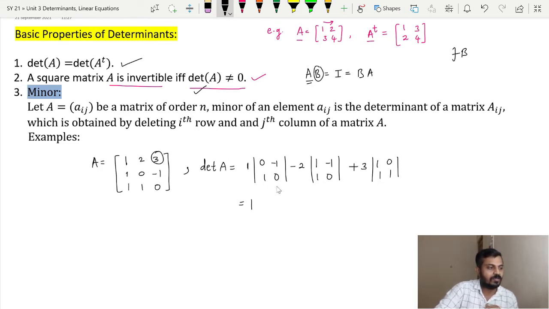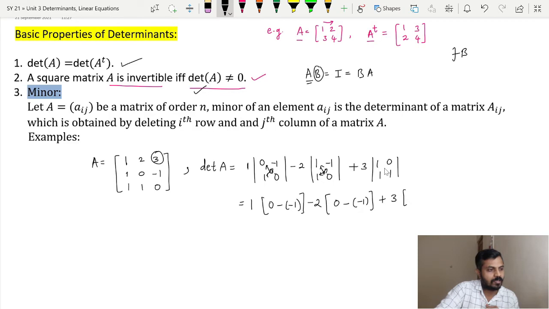Now what will be the determinant of this matrix? 0 multiplied by 0 is 0, minus 1 multiplied by minus 1, which is minus 1, bracket close. Minus 2 inside the bracket: 1 multiplied by 0 is 0, minus 1 multiplied by minus 1, which is minus 1.